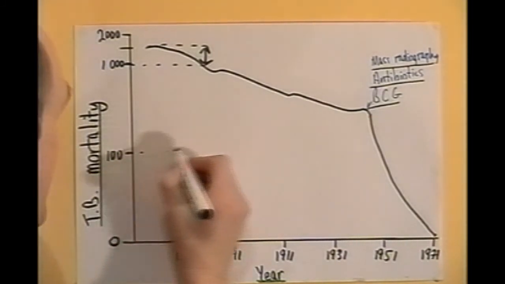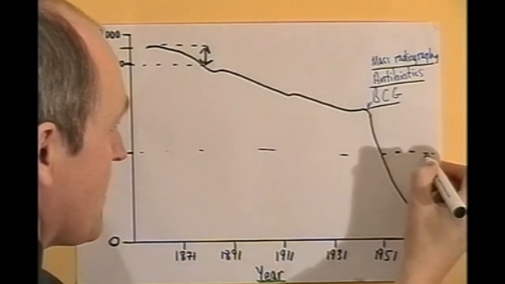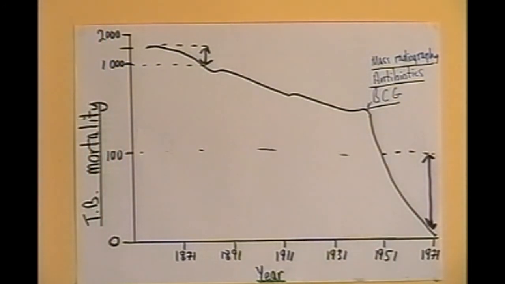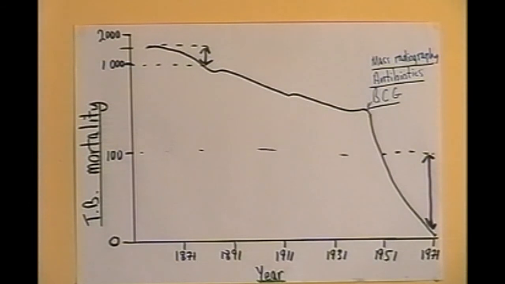Whereas this much drop on the graph here only represents a drop of 100 cases of tuberculosis. So maybe the arguments that the doctors put forward to get more money, because they said they were clever introducing X-rays, antibiotics and BCGs, is not quite as valid a claim as it initially appeared to be.